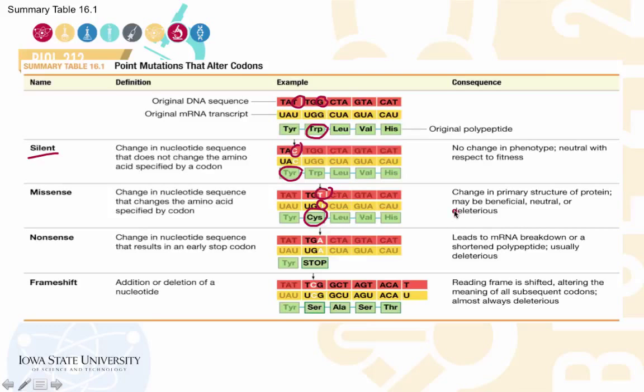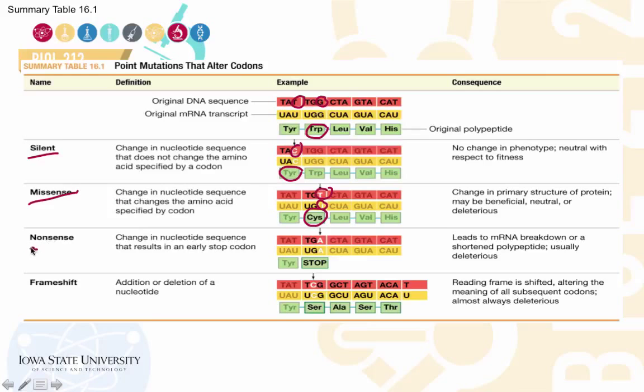This mutation leads to a change in the primary structure of the protein and may be beneficial, neutral, or harmful depending on the role that this amino acid plays in the structure and function of that protein. This mutation is known as a missense mutation.